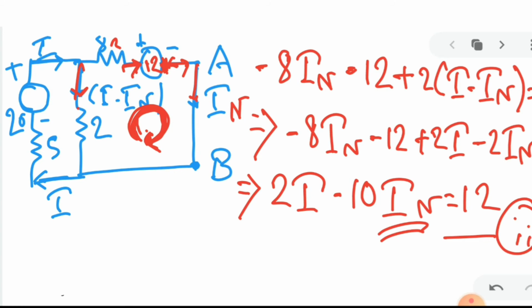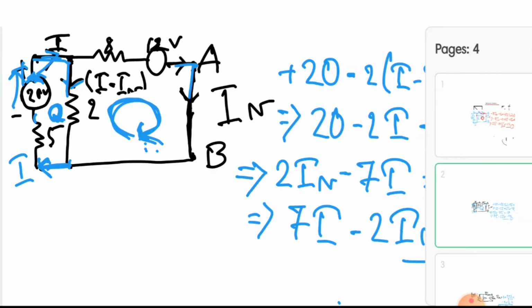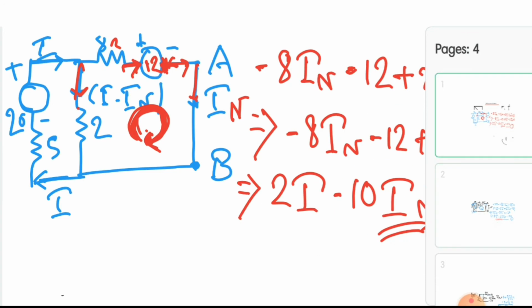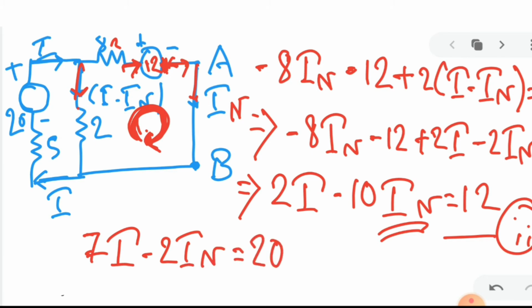We need to find the IN. Previously this equation occurred, so it is 7I minus 2IN equals 20.